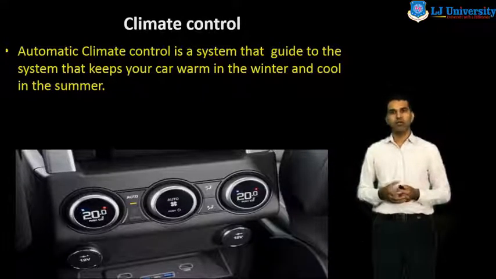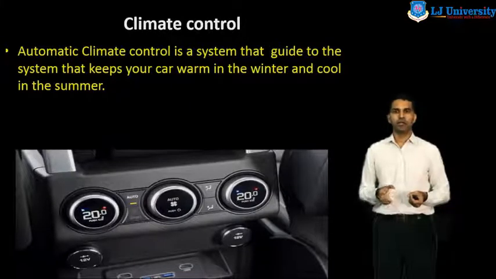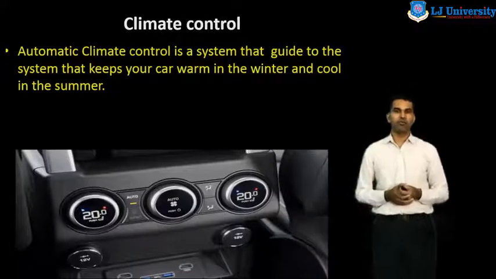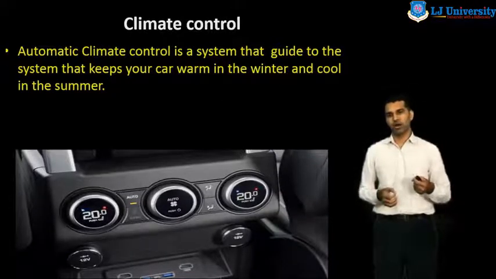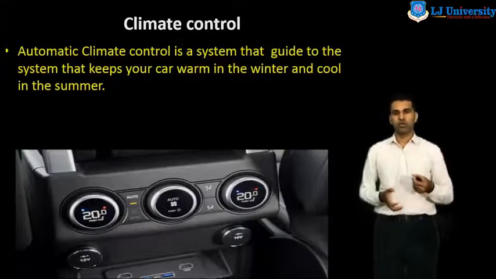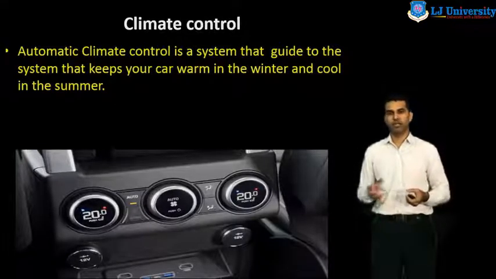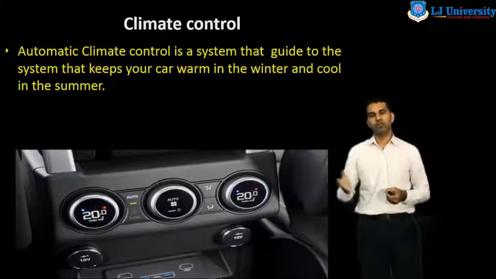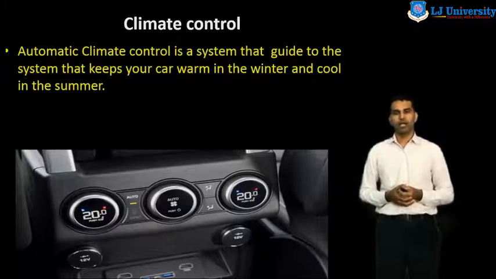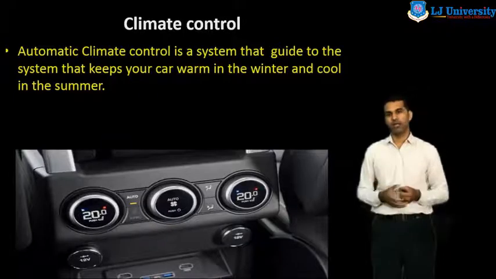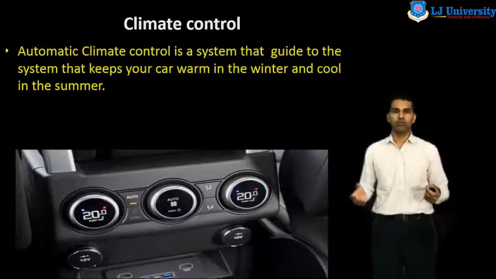That means we do not need to change the temperature inside the car, like by increasing or decreasing the cooling of the AC. If it is too hot, the temperature goes down automatically, and if it is cool, then it increases the temperature inside the car.